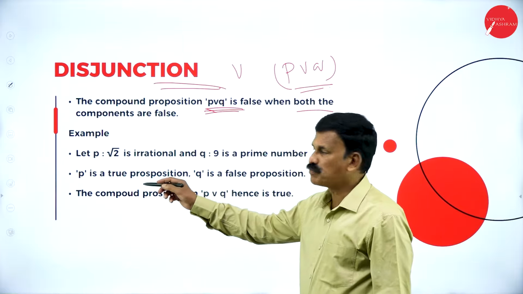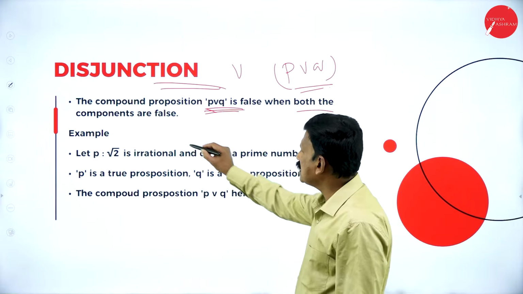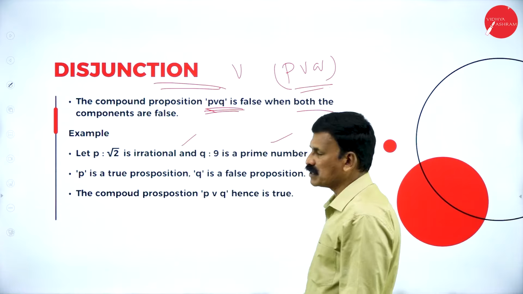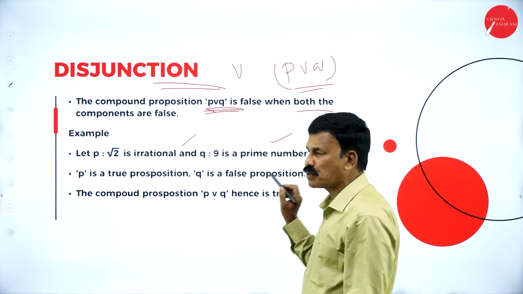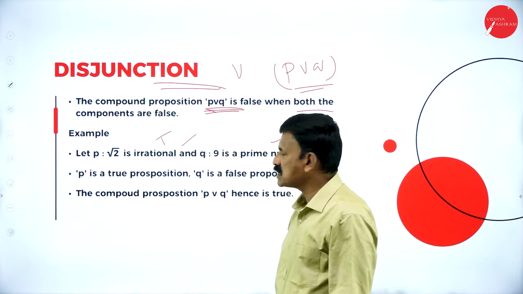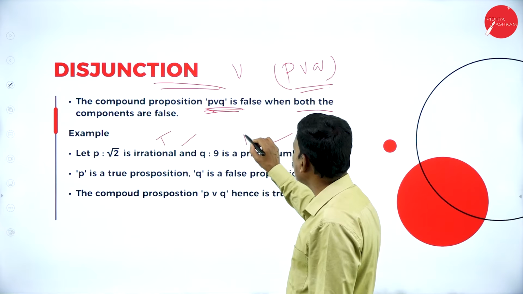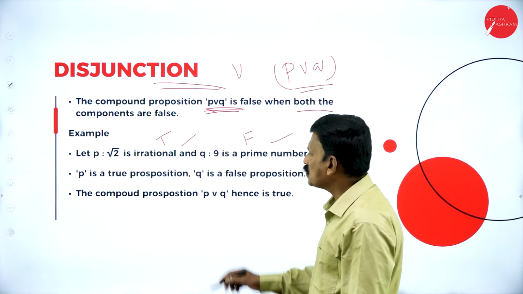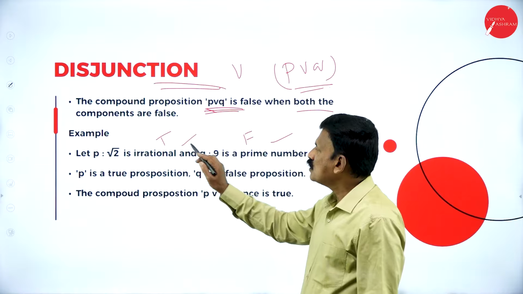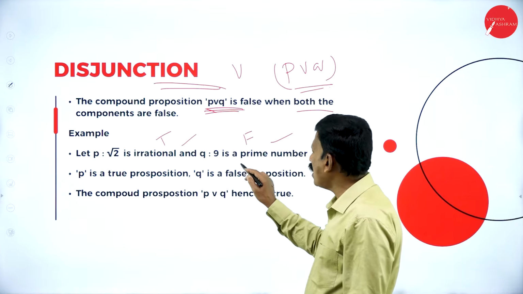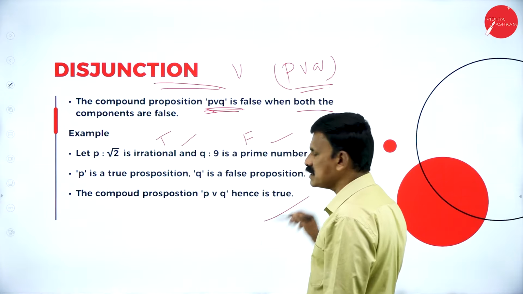Let us take an example. Let P be: root 2 is an irrational number, and Q: 9 is a prime number. Here, P is a true proposition and Q is a false proposition. Root 2 is irrational, whereas 9 is a prime number is false. So, the compound proposition P disjunction Q, that means root 2 is irrational or 9 is a prime number, is true.